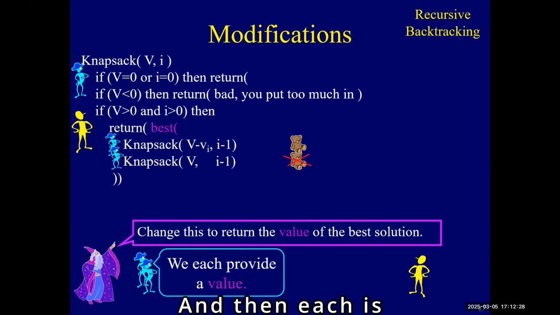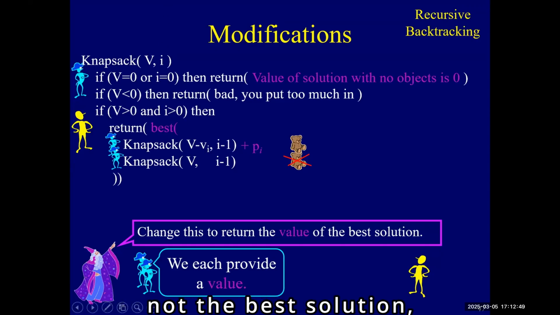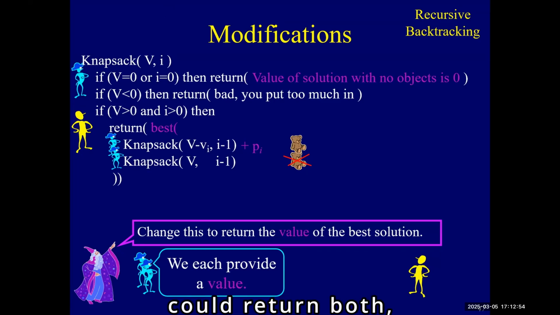And then each is providing a value. So now the friend is giving me the value of the best solution, and I'm adding on the price of the bear to get the value of the better solution, right? And then when I take the best, I'm returning the best value, not the best solution, right? Or maybe you could return both, right?